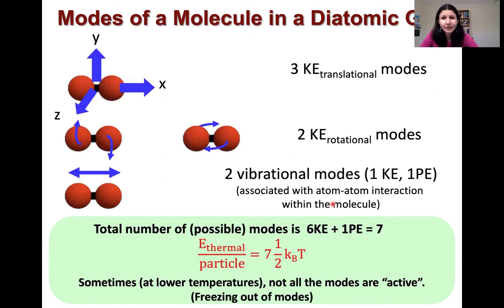There's not enough energy to activate them. So if you're at a lower temperature and you're adding energy, that energy can only go into the translational modes and the rotational modes. This is known as the freezing out of modes. We will look a little more deeply into this in the next recording.